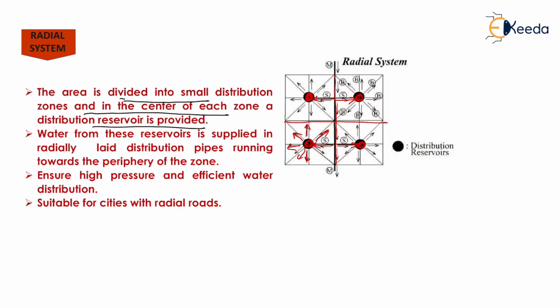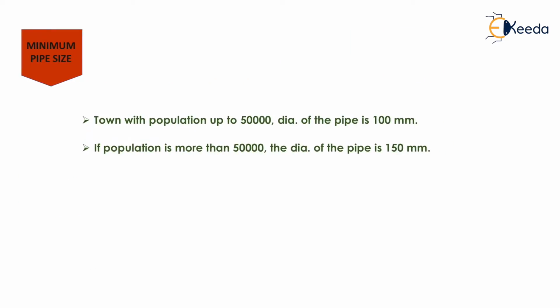Now it is generally suitable for cities having radial roads, and it ensures high pressure and efficient water distribution. Clear to all? That is the radial system of water distribution.